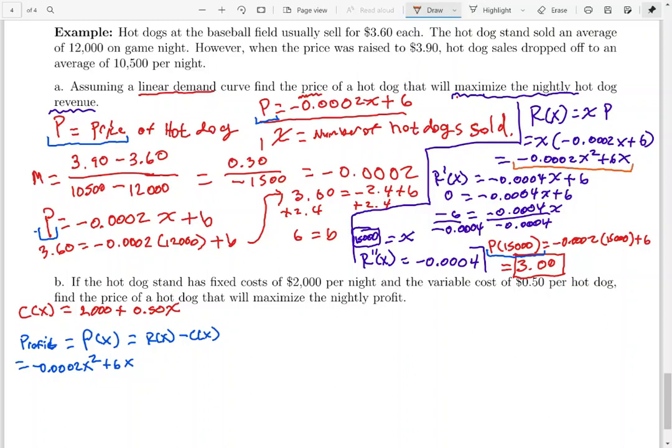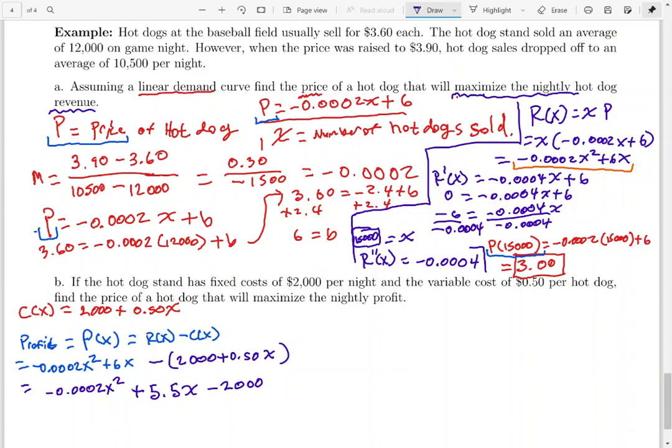Now we're subtracting our cost function that we have right here. That's going to be minus 2,000 plus 0.50x. At this point, let's do the arithmetic. This is negative 0.0002x squared plus 5.5x minus 2,000. And so this is going to be our profit function.